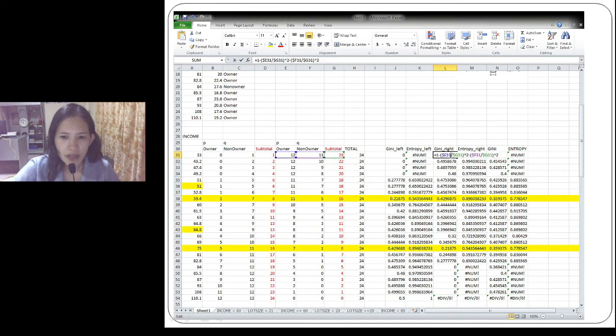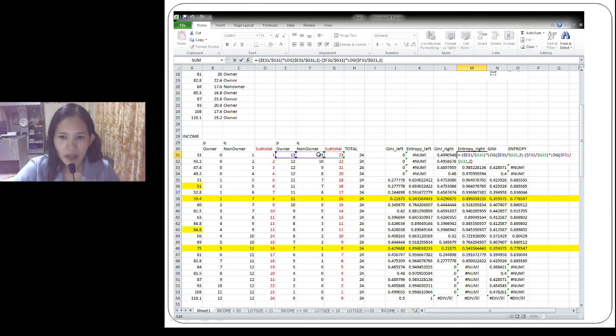Then for the GINI right, we will be computing the GINI of the right side of the rectangle. So we have 1 minus the number of owners divided by the subtotal of this right side, squared, minus the number of non-owners divided by the subtotal, and squared.